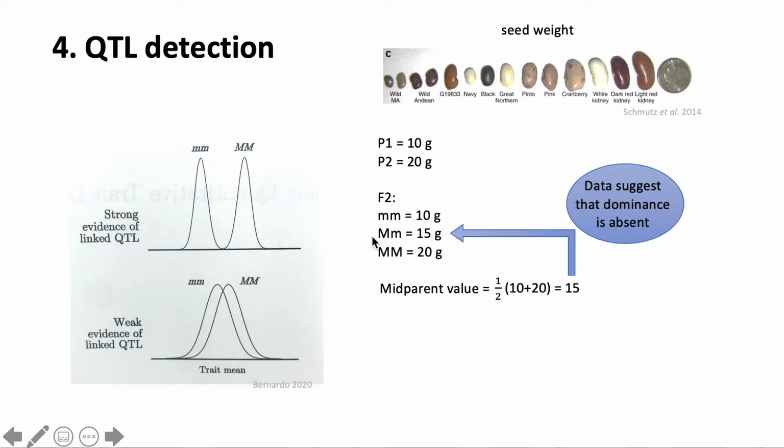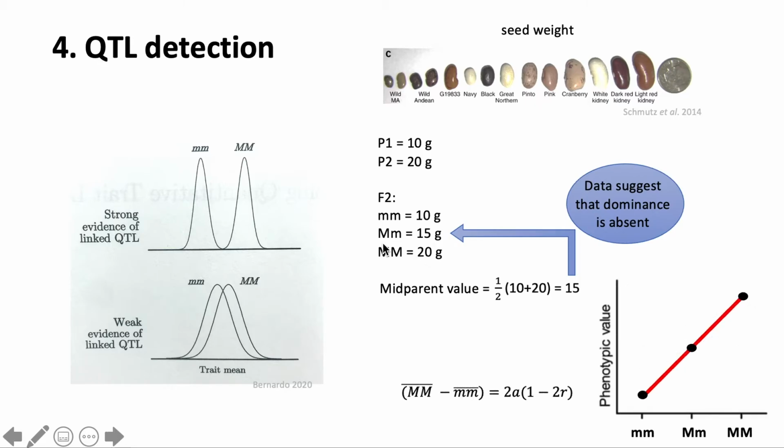That suggests that this gene has an additive effect, and there is no evidence of dominance, because remember that the dominance or dominant deviation is the difference between the midpoint of the homozygous lines and the heterozygous.